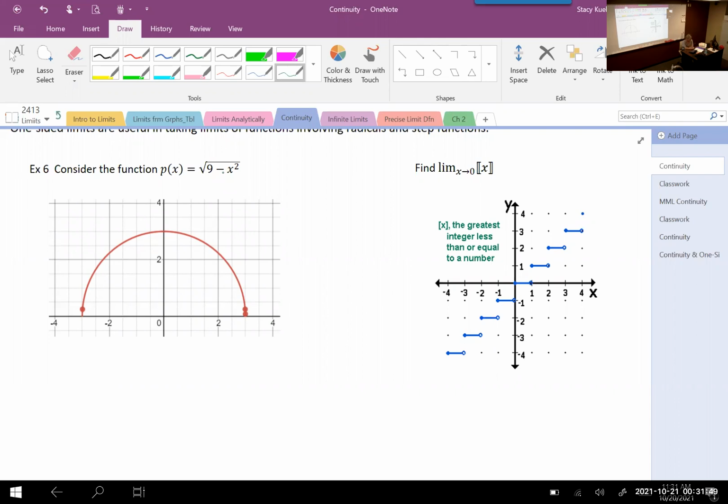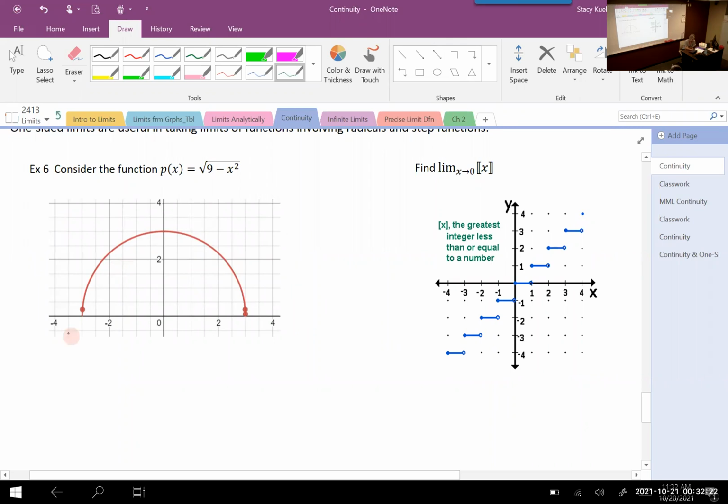Now we can see that this function is continuous inside of these values here. And when we think about continuous functions, sometimes if we're looking at a function that looks like this, it's helpful to take the limit, right?